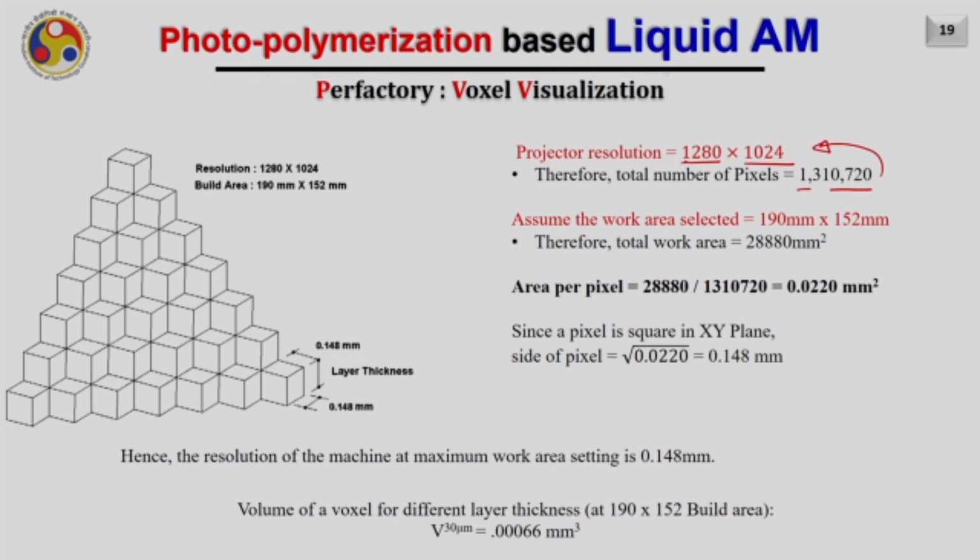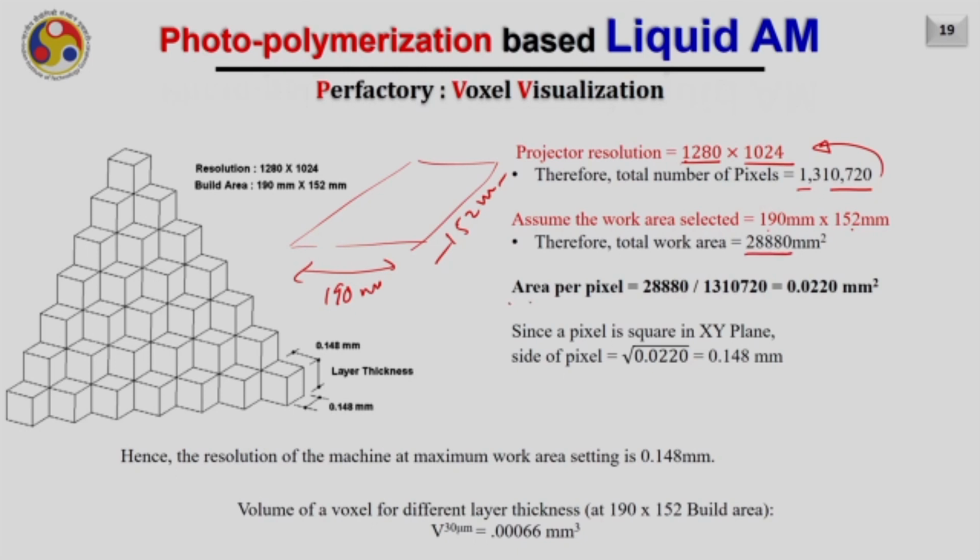Now assume that the work area on which we are making the part is 190 by 152 mm. Hence the total work area will be the multiplication of these two, and hence 28,880 mm square.